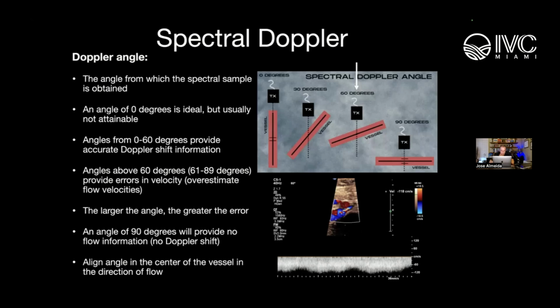And this is what we see in more of a continuous flow versus a phasic flow. We'll get into this in round two of the ultrasound series we're going to do, because we're talking about the basics here.